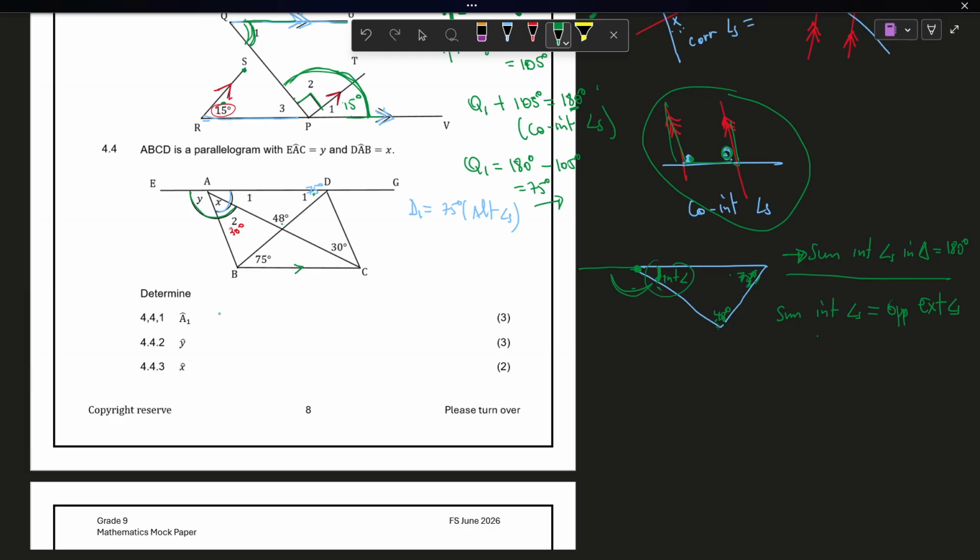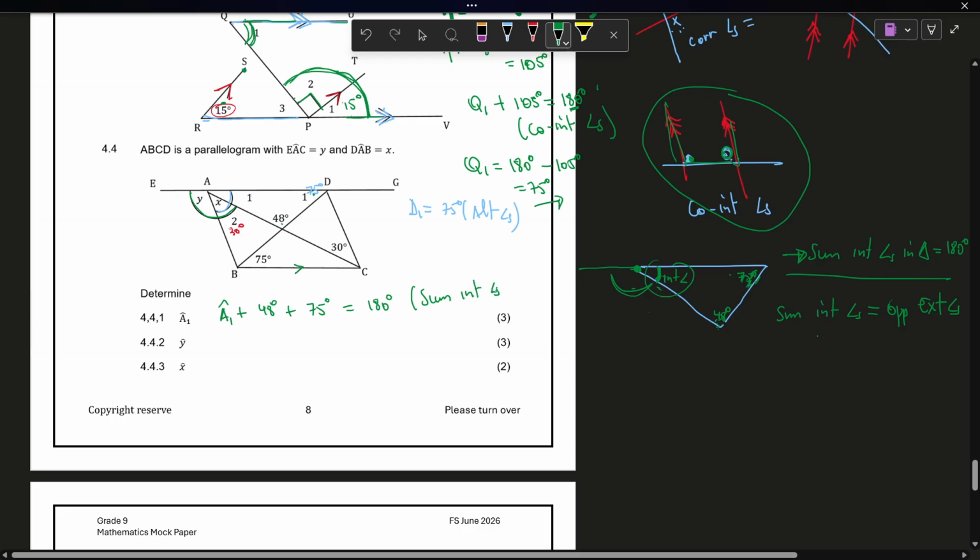Well, we are going to say a1 plus 48 plus 75 degree equals what? 180 degree. What are the reasons? The reason is sum of interior angles in a triangle, right?